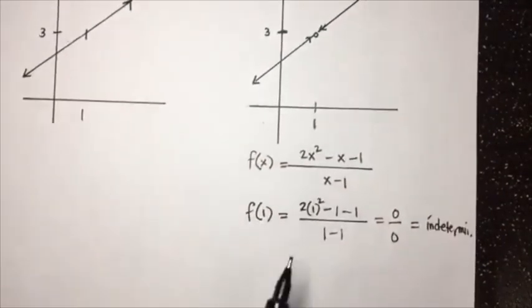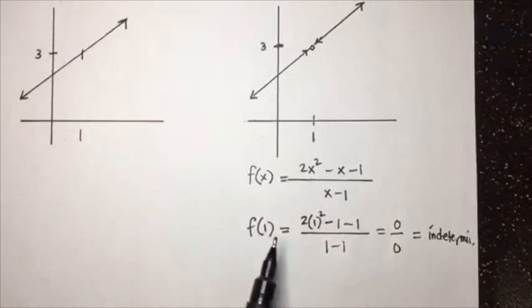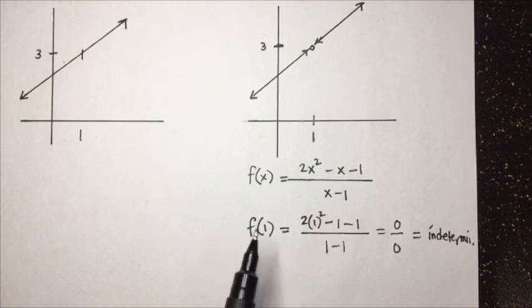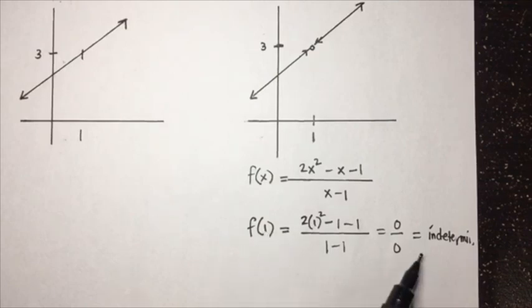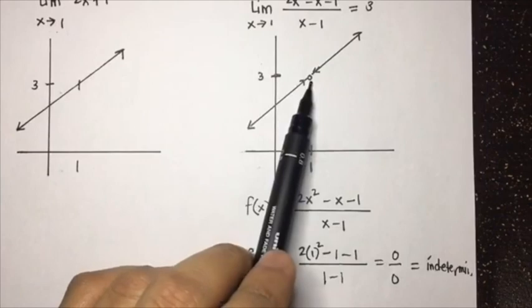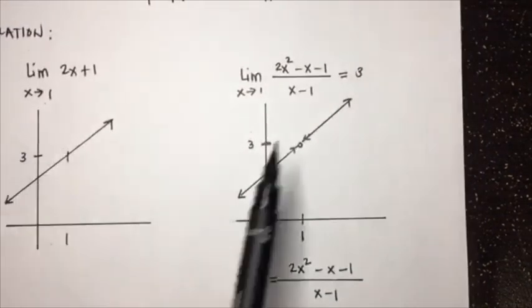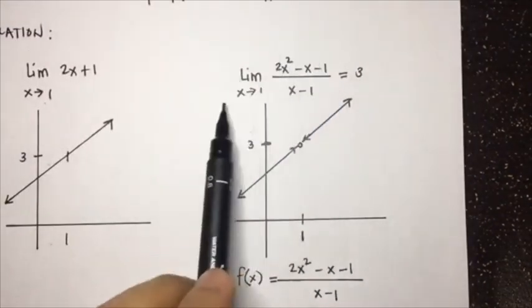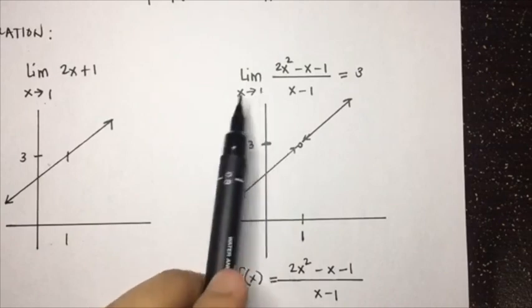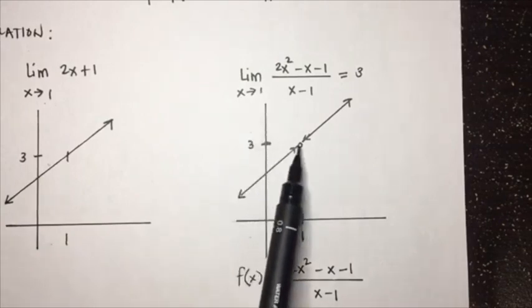The value of the function at the given point in this example is indeterminate. However, its limit as x approaches 1 is 3.